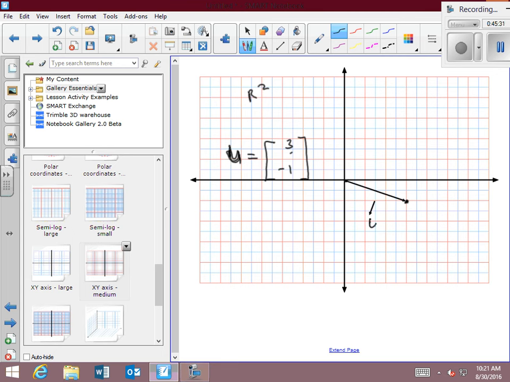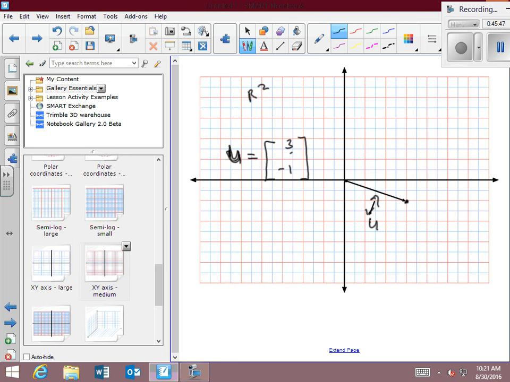That right there. So that's the way you represent it. It's actually a point out there, but it'll be vectors. So that's what they're talking about, and it's in R2.